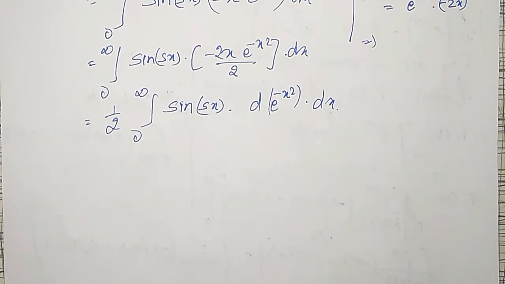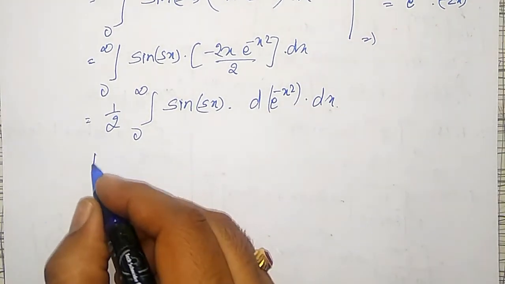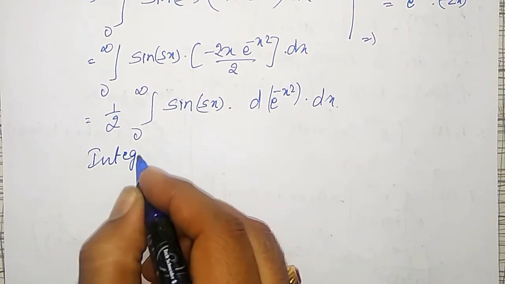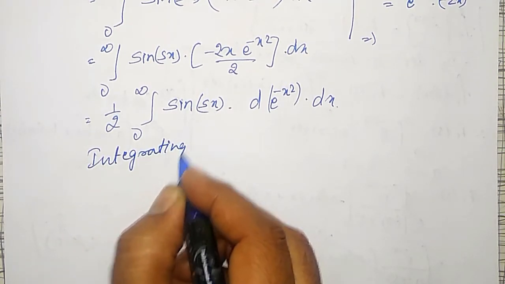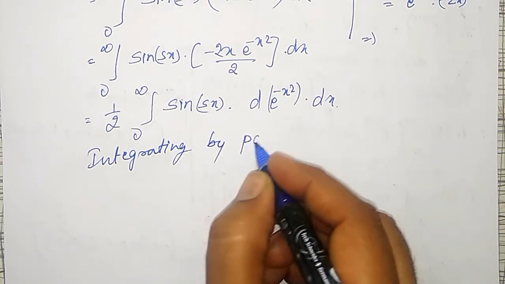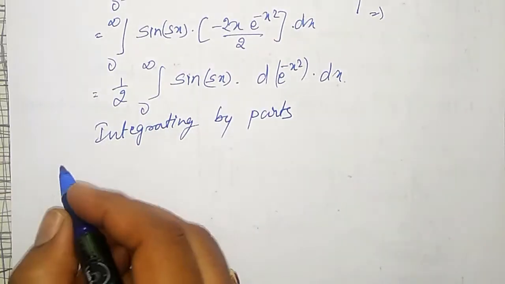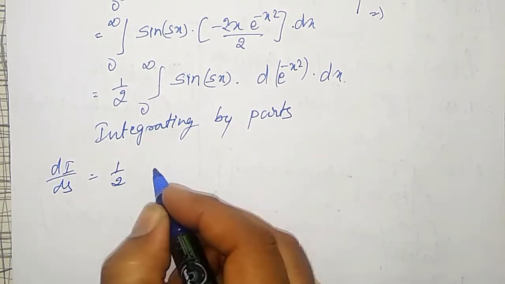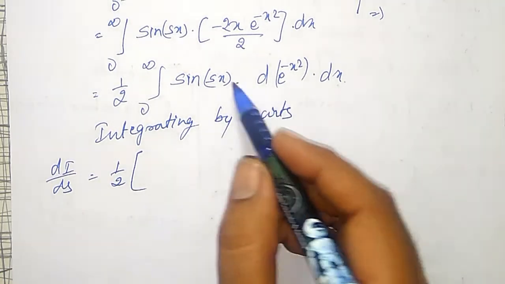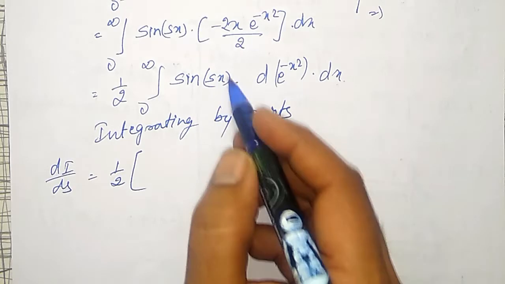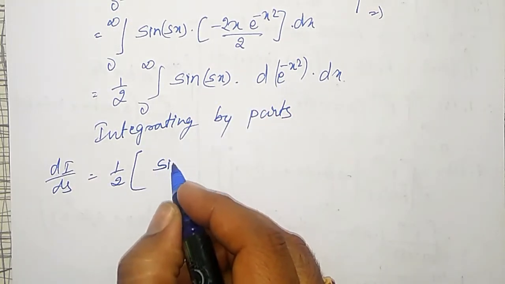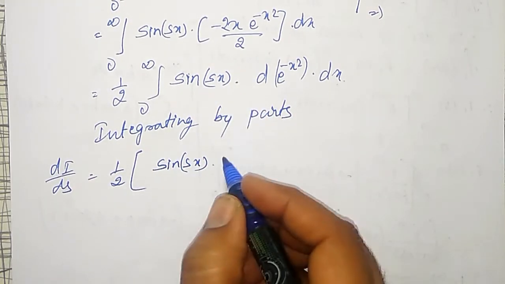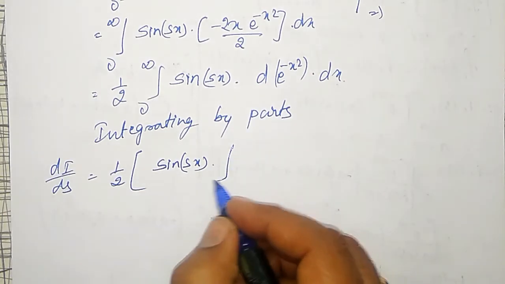Now, integrating by parts. That is, dI by ds will remain as it is, 1 by 2 also will remain as it is. Now, first function as it is, that is sin sx, into integration of second.